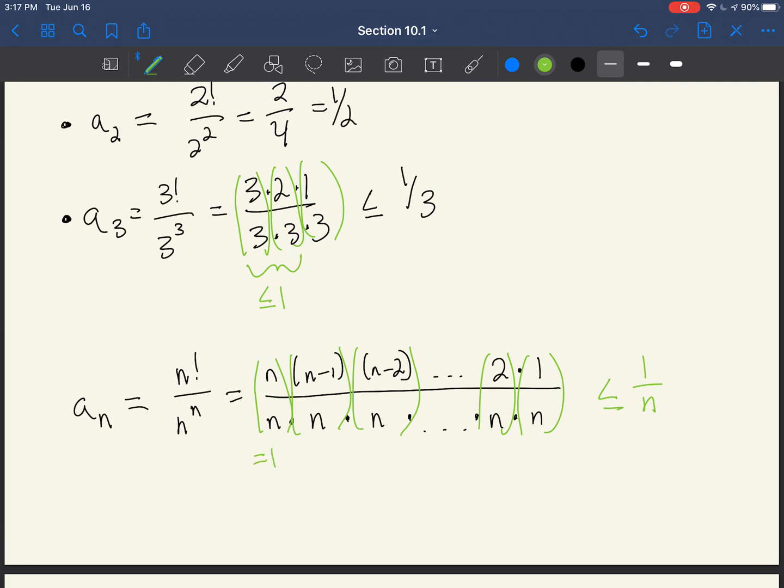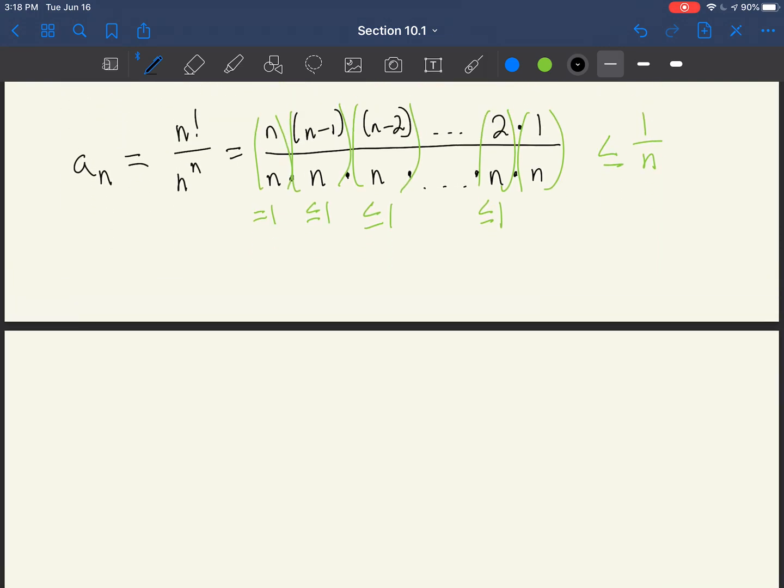The second fraction is something smaller than n divided by n, which is less than 1. The next one is also less than 1, all the way down to the second to last one, which is less than 1. And then the last one we're just going to leave as 1 over n. So we have this whole fraction, a_n. The first n minus 1 parts of the fraction are less than or equal to 1, times the last part, which is 1 over n.